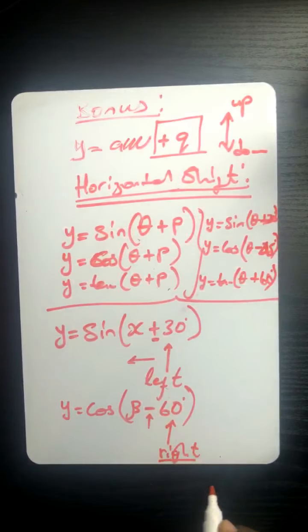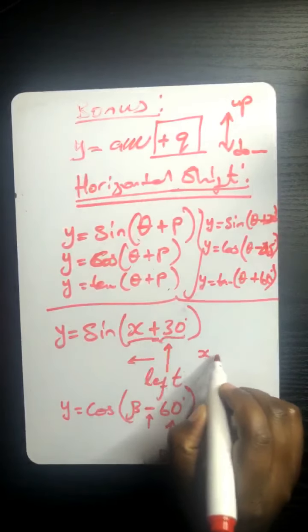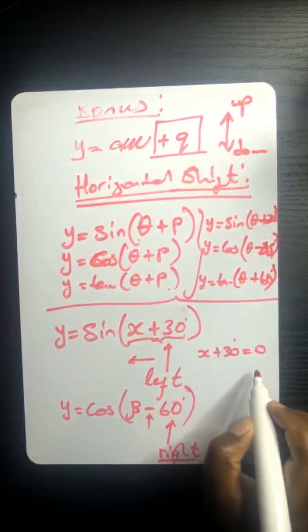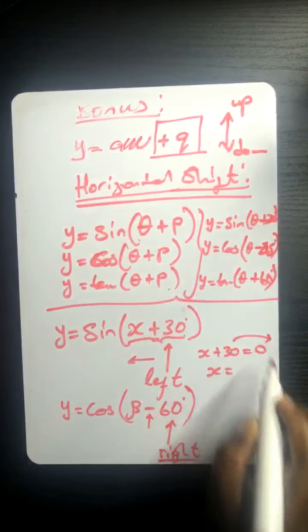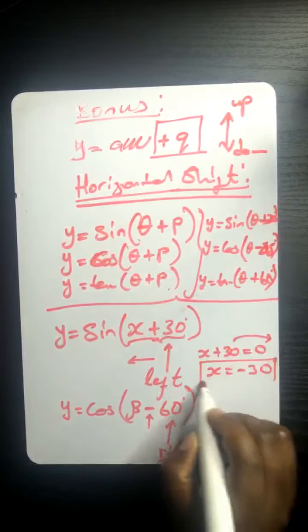The reason is that you take the whole of this thing and equate it to 0. So you have x plus 30 equals to 0, then you transpose, and x equals negative 30 degrees.